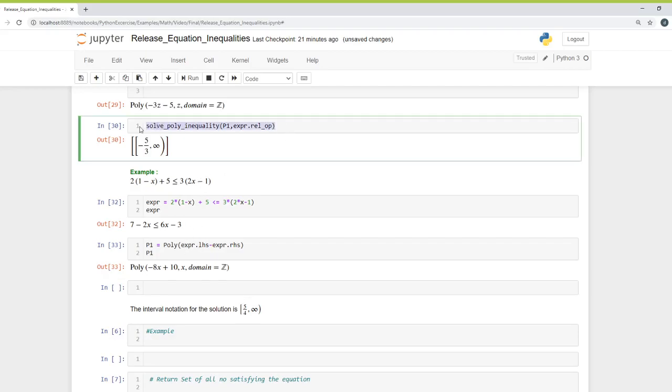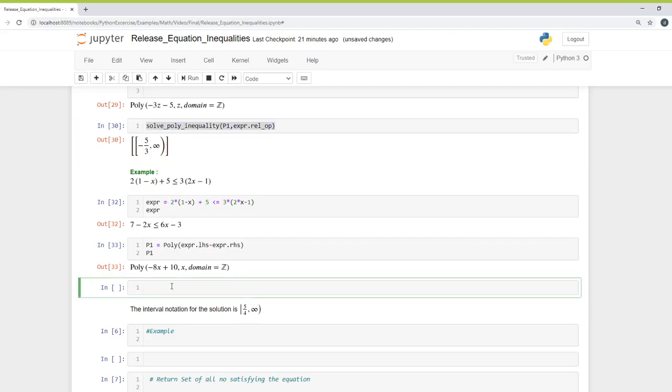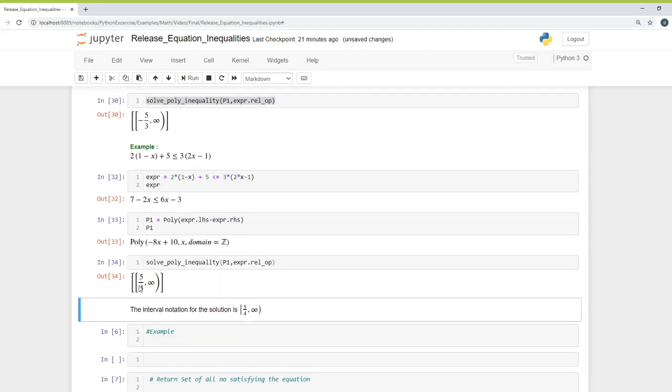Now solve this by calling the solve poly inequality method. So our answer is 5/4 to infinity. So all these values from 5/4 to infinity will satisfy this inequality.